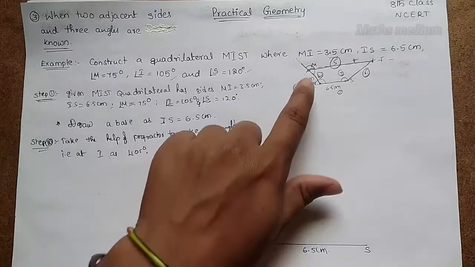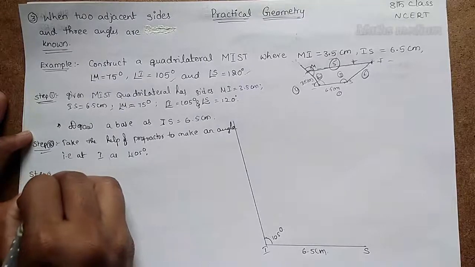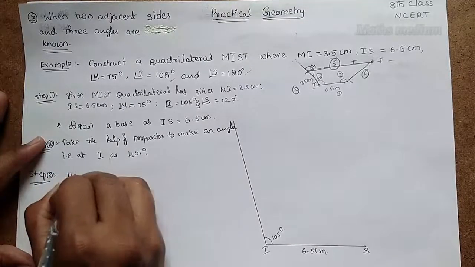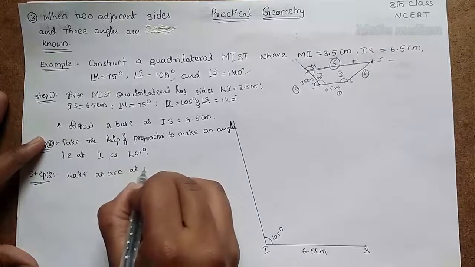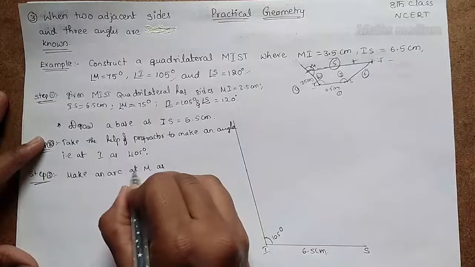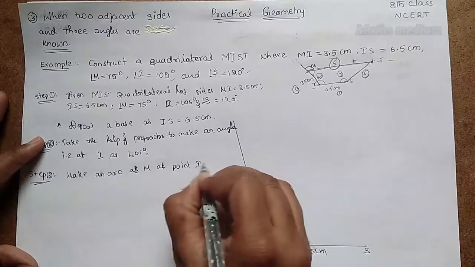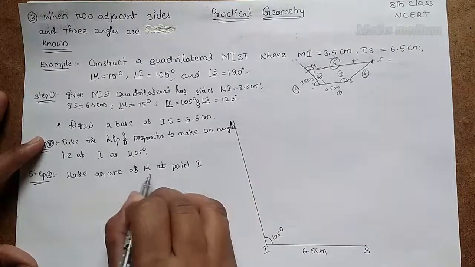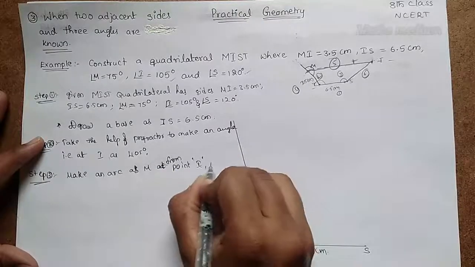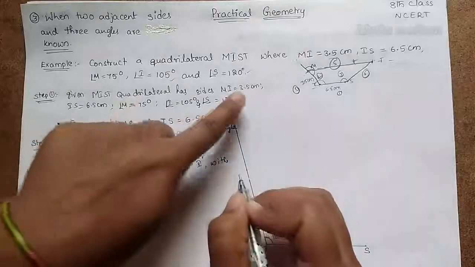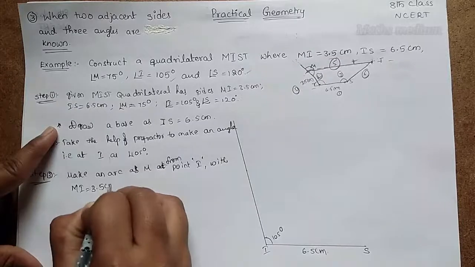Next, step 3, we have to construct MI. Step 3: make an arc for M at point I. Make an arc as M from point I, where MI is equal to 3.5 centimeters.